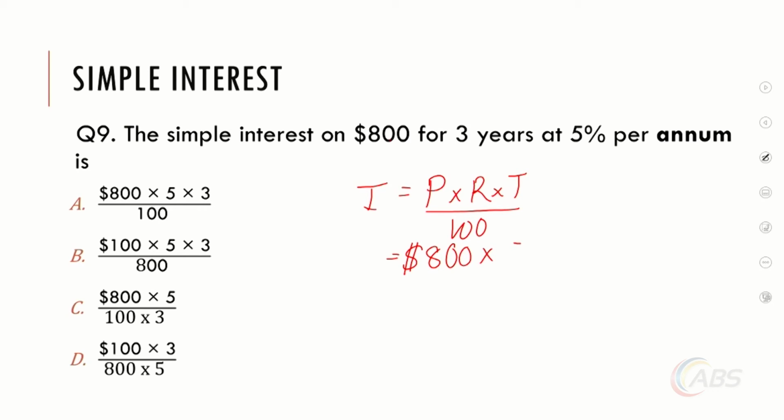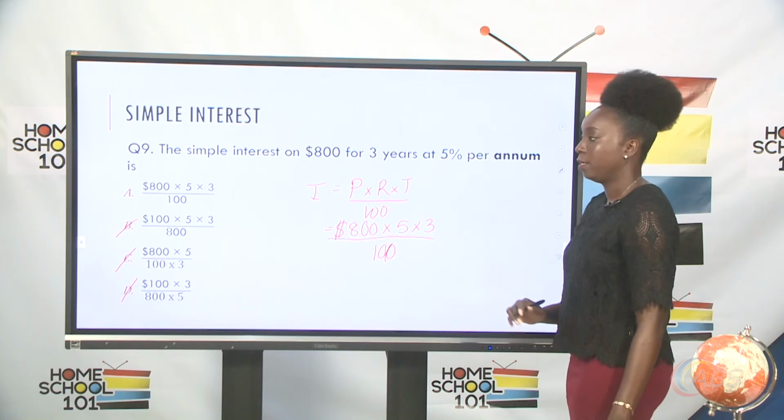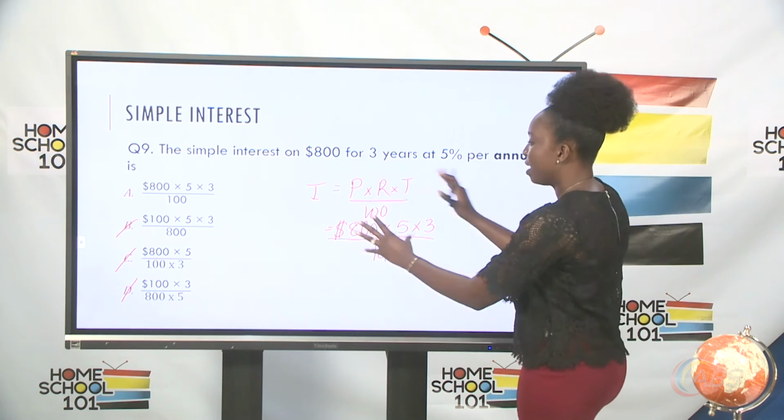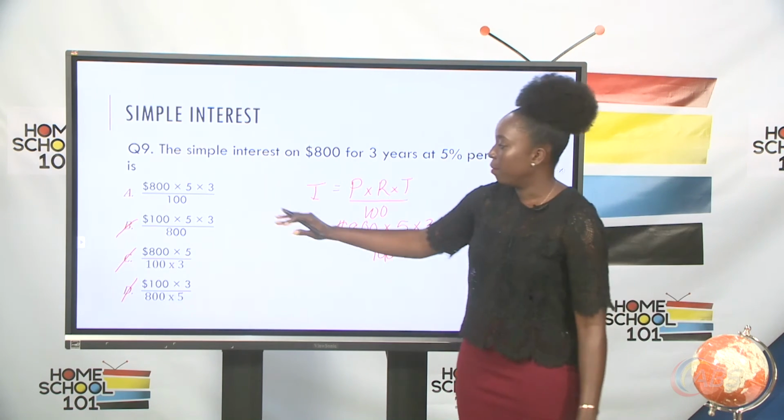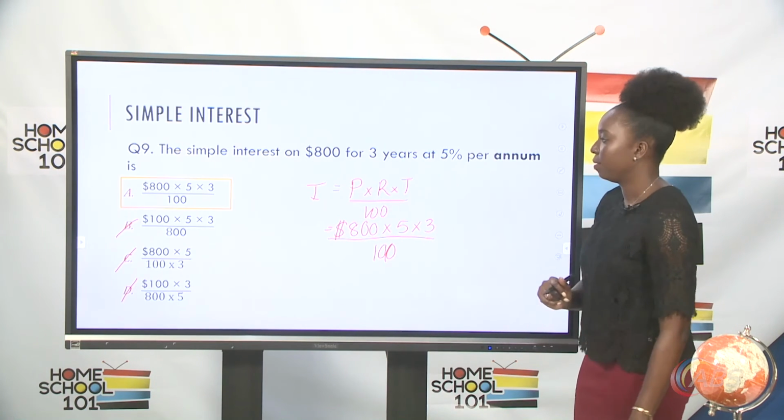The rate is 5% and the time is 3 years, and it's all over 100. So if we had gone through our options, we would have noticed that we could have eliminated pretty much everything else, B, C, and D, because they do not look like the simple interest formula. And so without actually having to do any of this work, by way of elimination, our answer there is A.